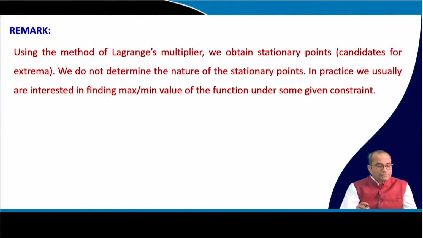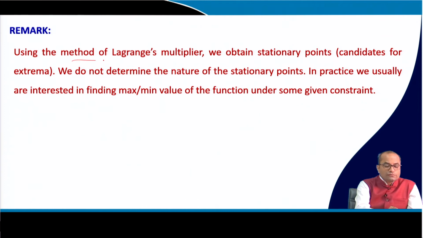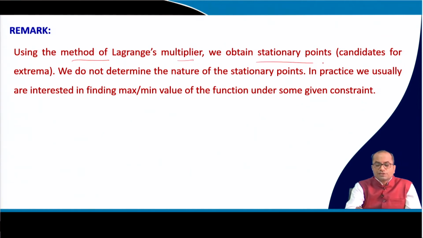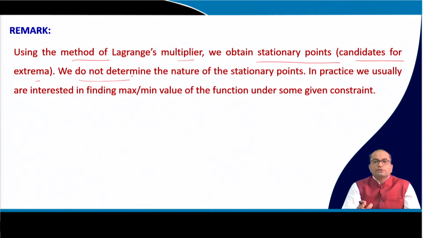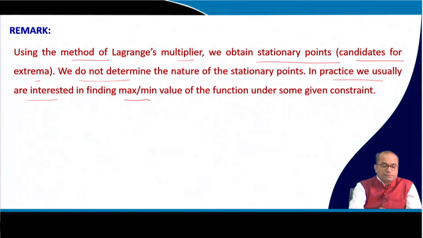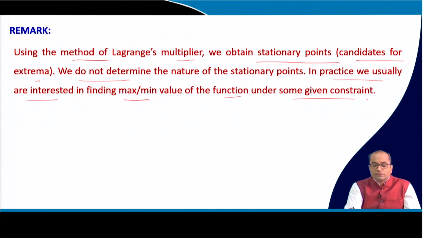So, here there are a few remarks. Using this method of Lagrange multiplier, we obtain stationary points, the candidates for extrema, and we do not determine the nature of the stationary point. In practice, we are usually interested in finding the maximum or minimum value of the function under a given constraint.